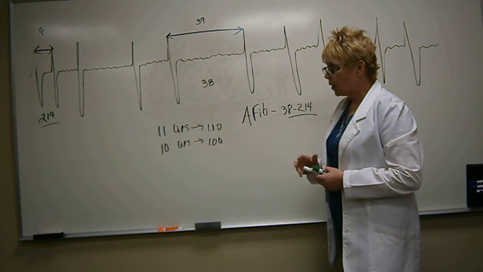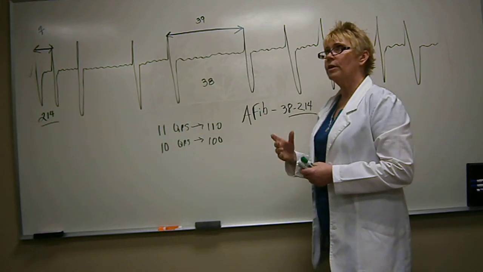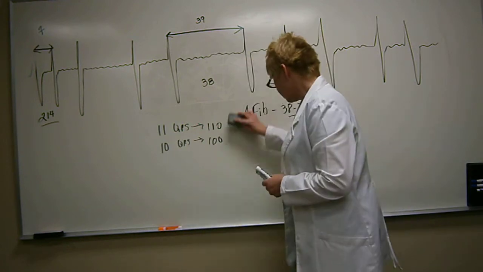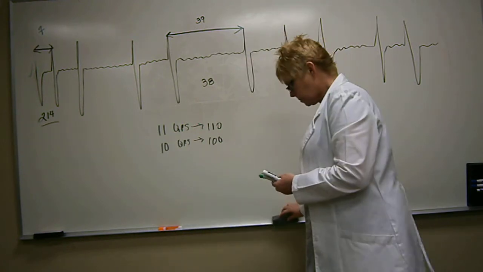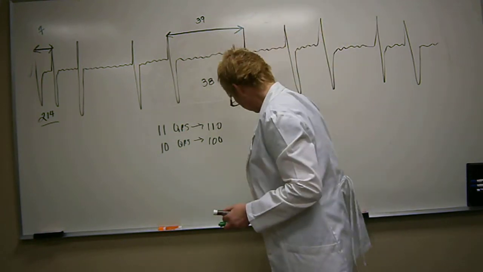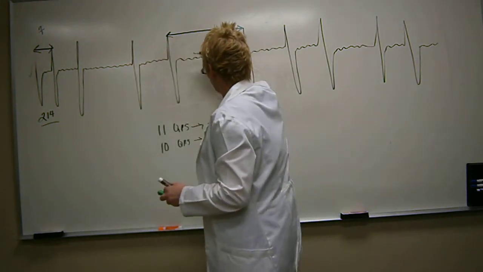Another thing that I would like to talk to you about is another definition of what controlled and uncontrolled is. So I'm going to add a few more R waves in here. Let's get rid of these numbers. Okay.